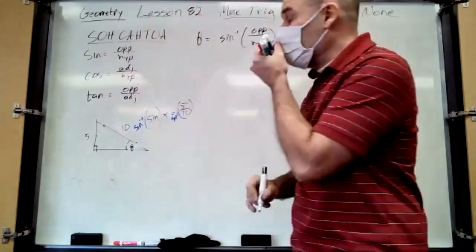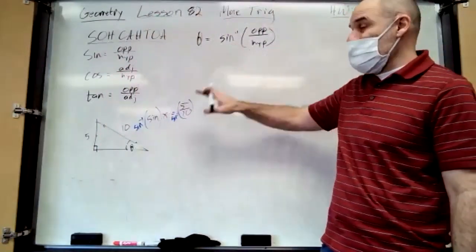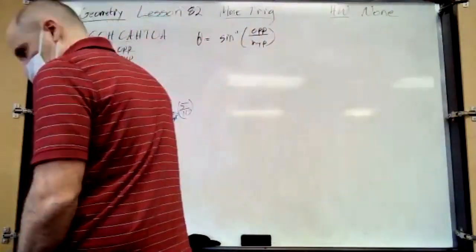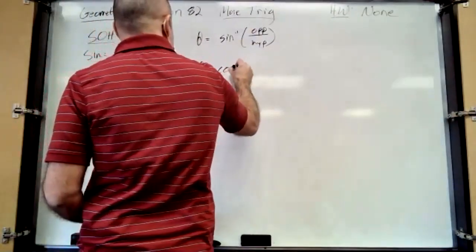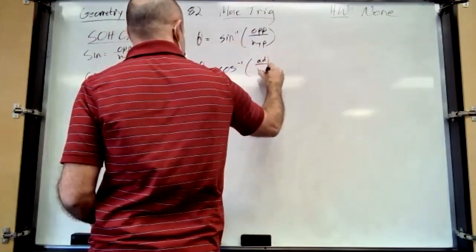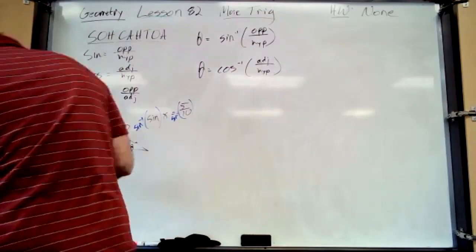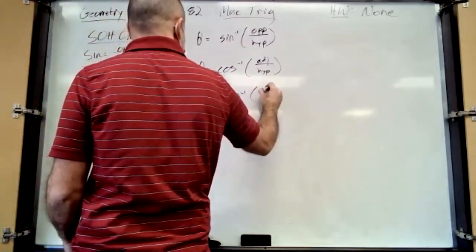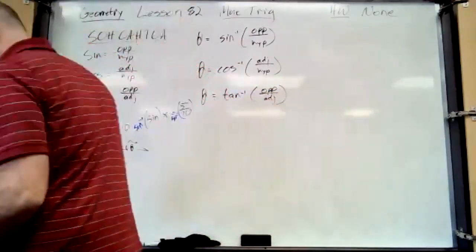So to find theta, you find the inverse sine of whatever opposite over hypotenuse is. Theta could also be the inverse cosine of adjacent over hypotenuse, and it could also be the inverse tangent of opposite over adjacent.